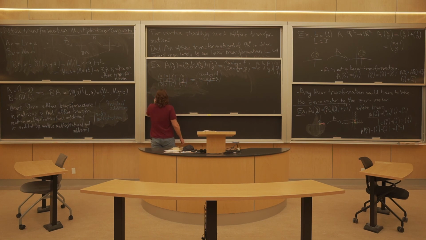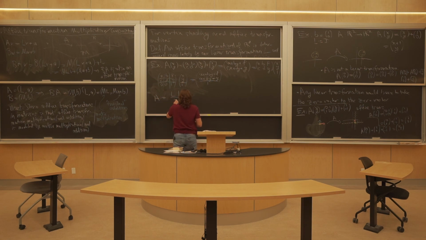So I can write then A like so. You see here, ABCD is the linear part, and FG is the translation part. So I'm going to split my matrix like that: linear part, translation part, this is some 0, 0 so that things work, and this is 1 so that things work.